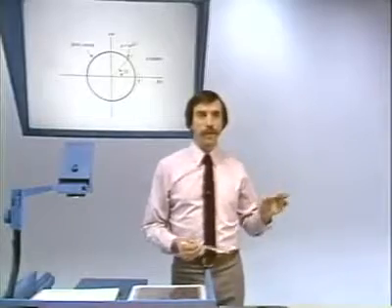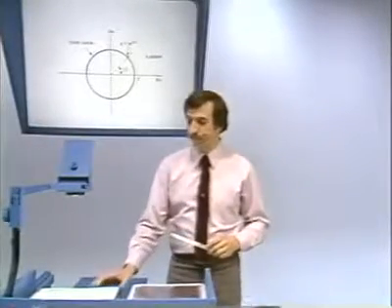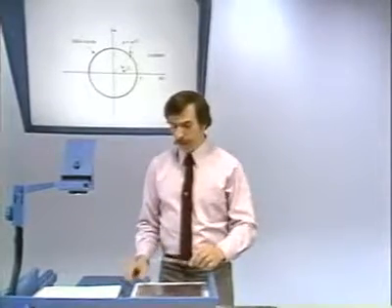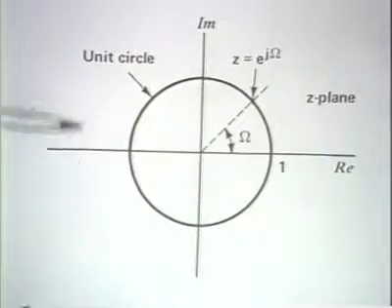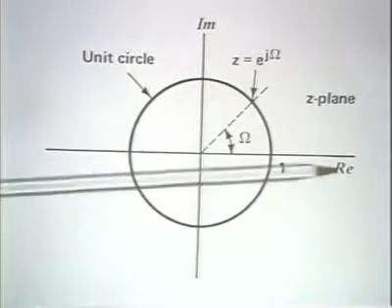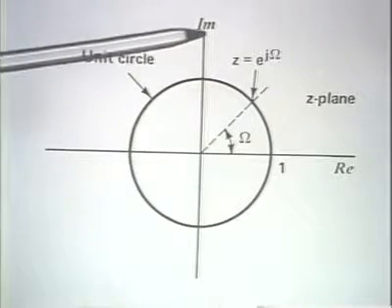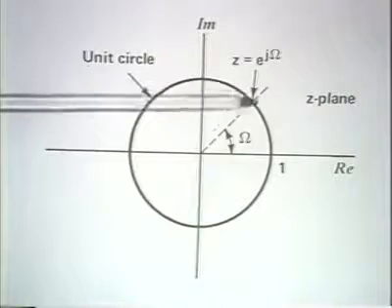Z, of course, because z is the complex variable in terms of which we're representing the z transform. So we will be representing the z transform in terms of representations in the complex plane, real part and imaginary part, but I've also identified a circle here.